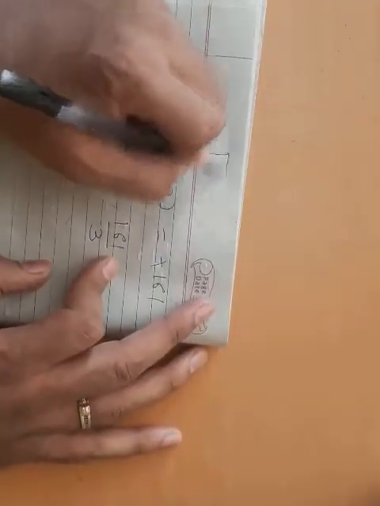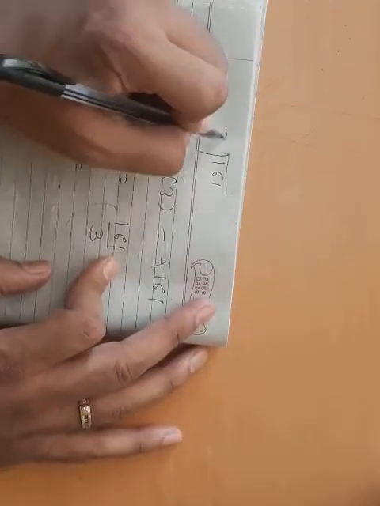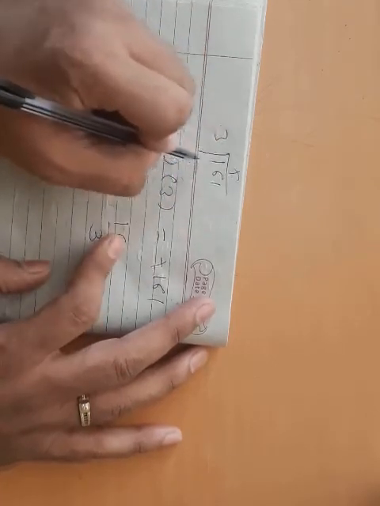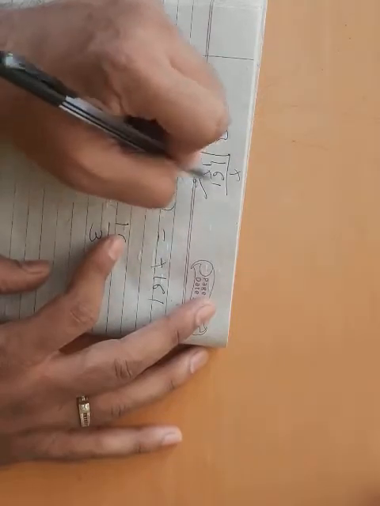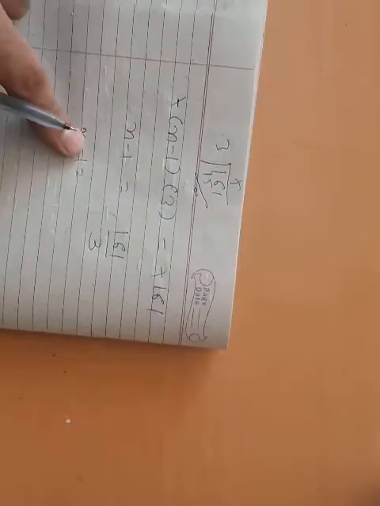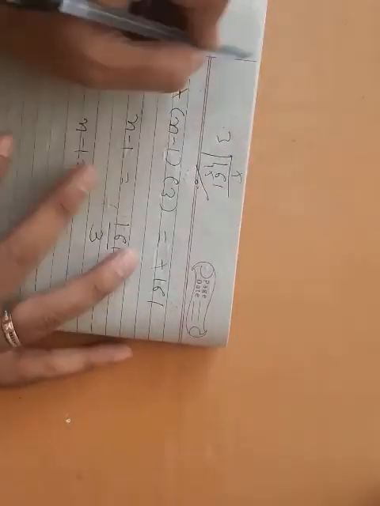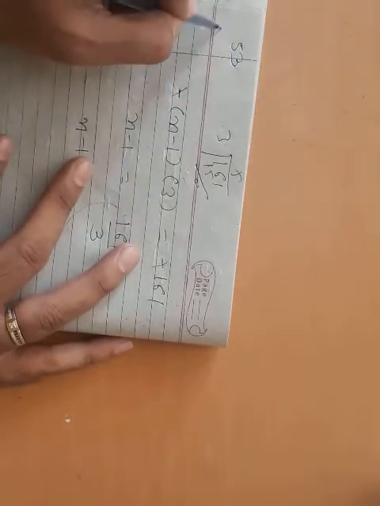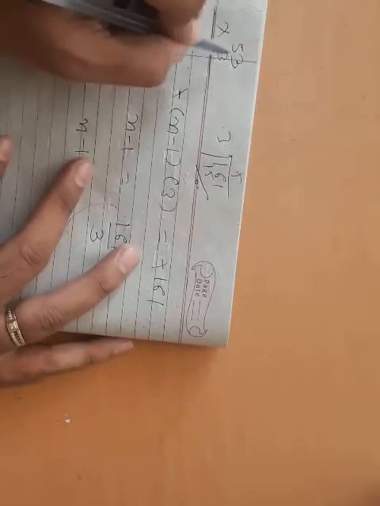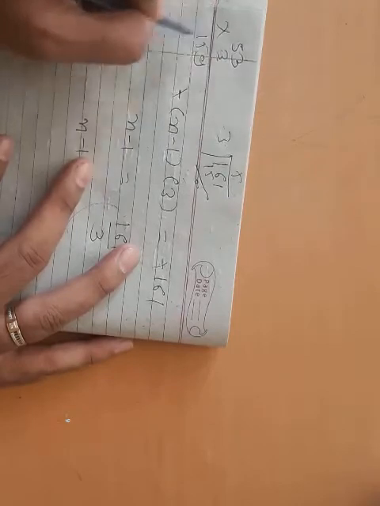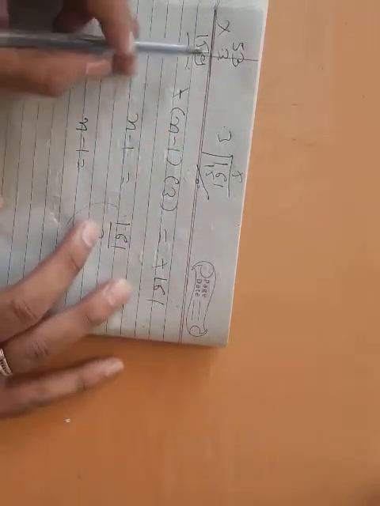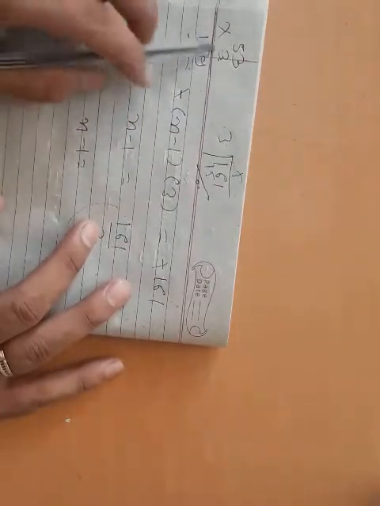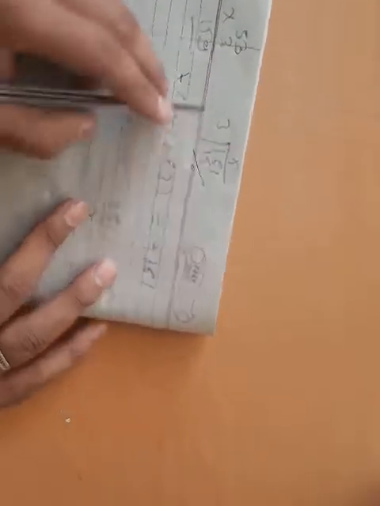Let us divide it. 161 divided by 3. Or let us do directly: 53 into 3, 3 3s are 9 and 3 5s are 15, that is 159, which is closest. Because if we take 54, then it will be 162, which is bigger than this.